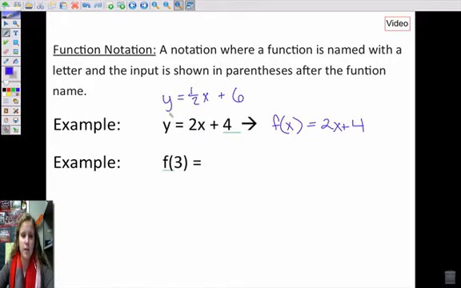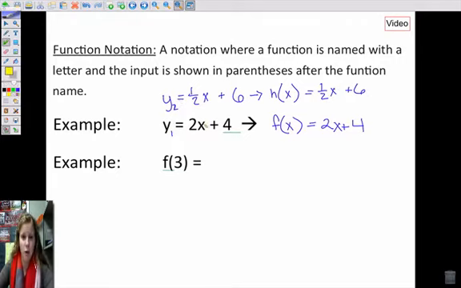It gets confusing when you have to talk about y1 and y2 and use the same letters again and again. Function notation makes it nice because we would call this one h of x. So we give these functions a name instead of just using y equals all the time.